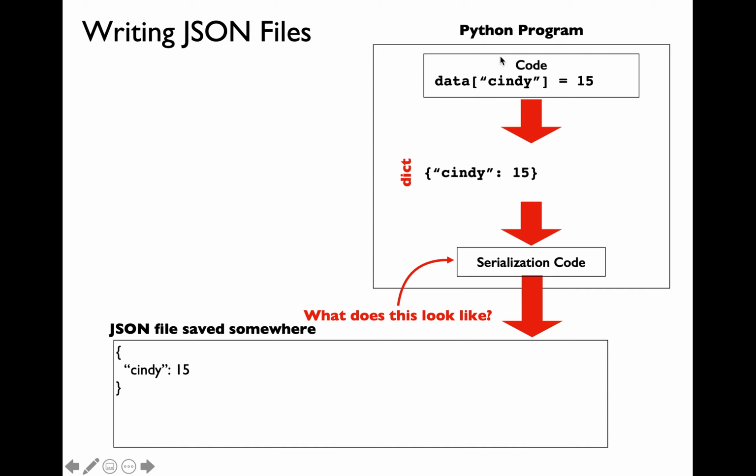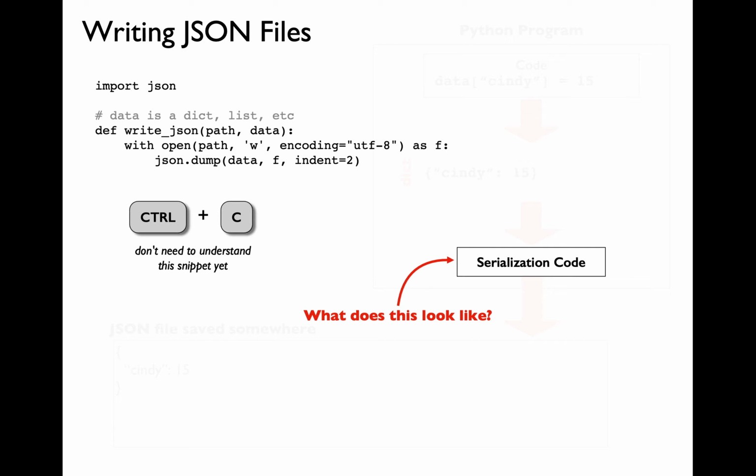For example, we only have a dictionary which contains the key as Cindy and the value is 15 here. When you write that, you're simply going to get that particular notation in the JSON file. So with respect to writing JSON files as well, we'll only be worrying about copy pasting the serialization code snippet, which is creating a function called write_JSON.